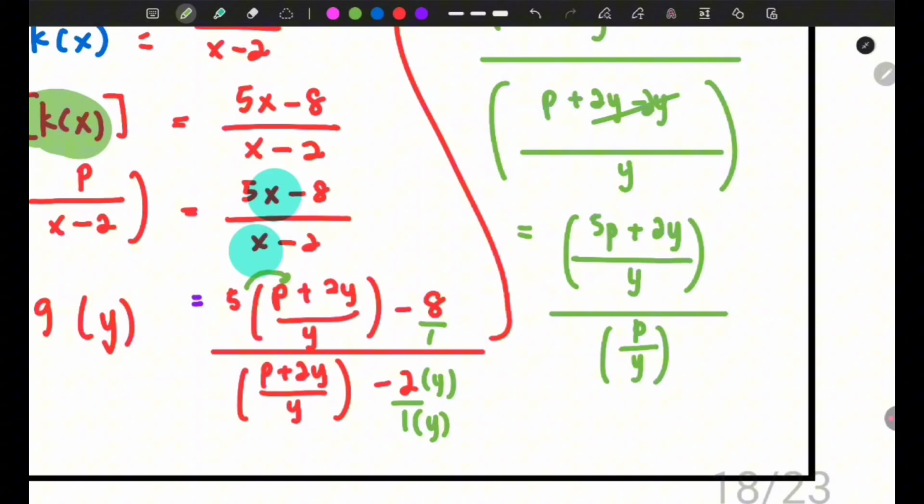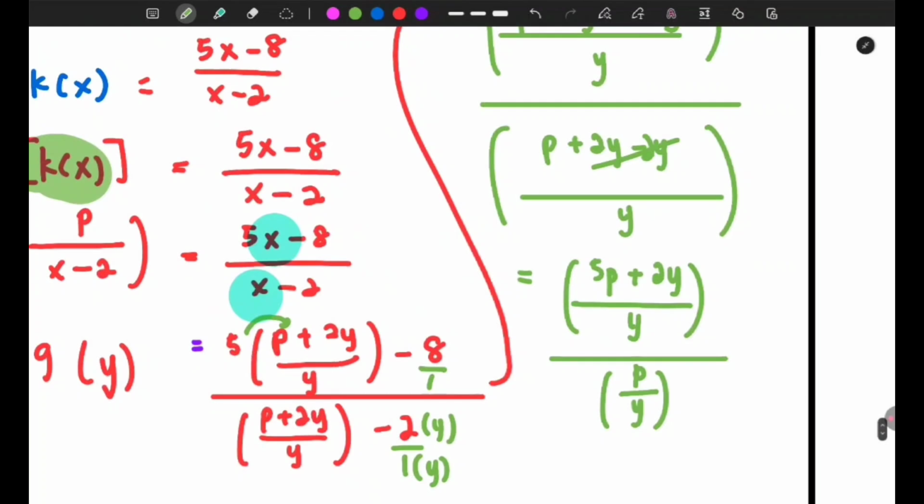And now how do you solve this? Fraction divide another fraction. So let's just say I give you an example. 5 over 2 divided with 3 over 4. How do you solve this? 5 over 2 divided with 3 over 4.